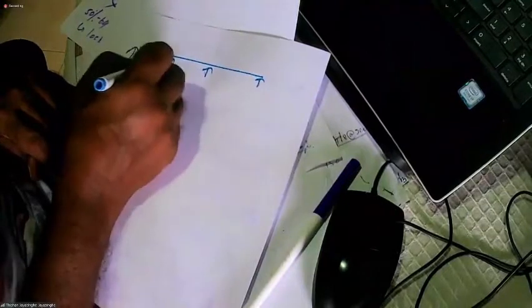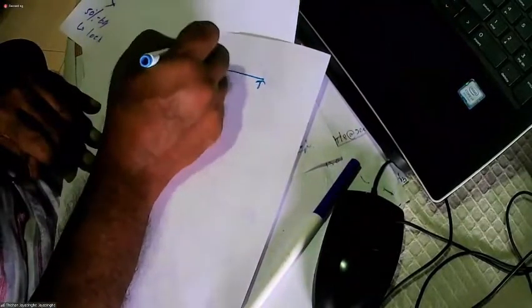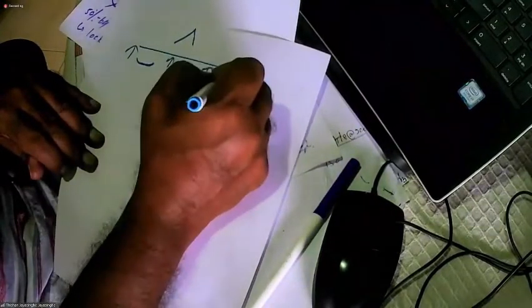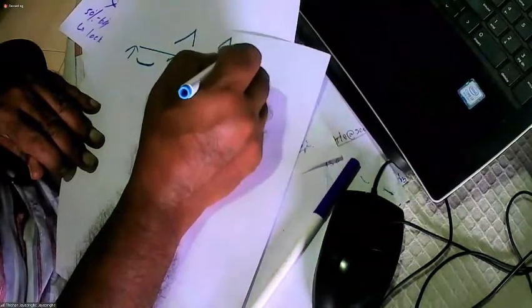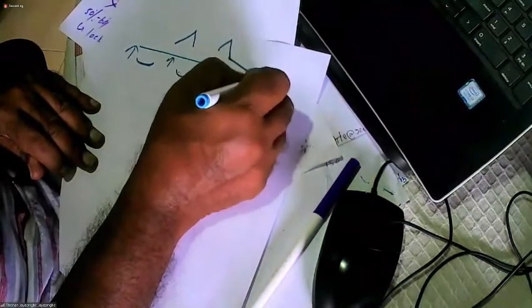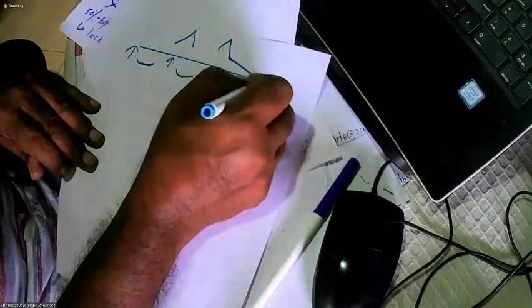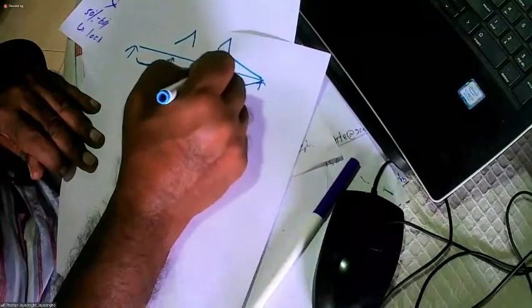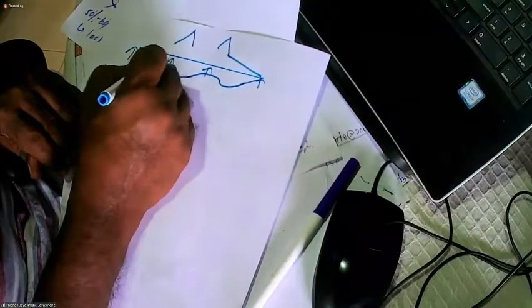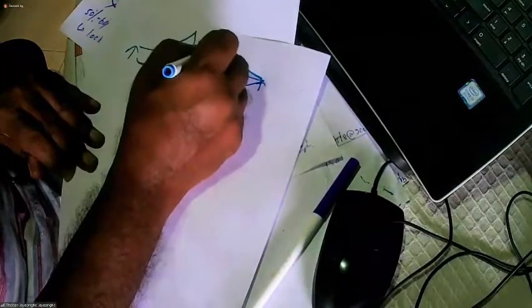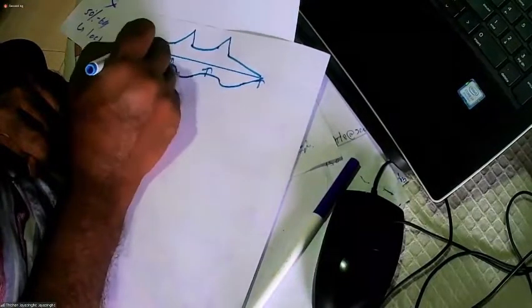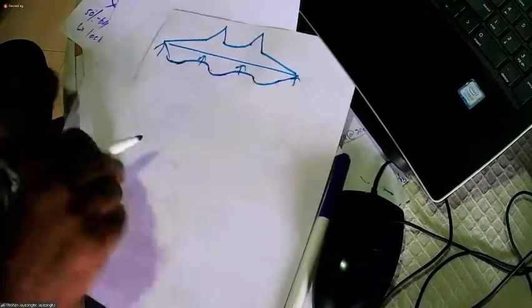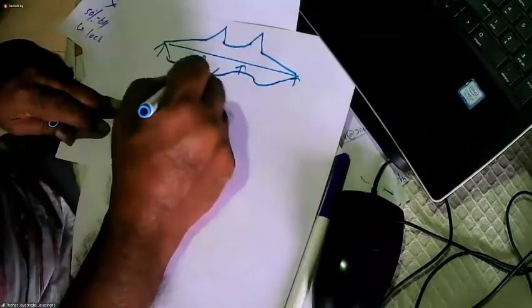We know spans should be like this, supports should be like this, and then you can get something like this, something going like that. So this is the shape of the live load moment.